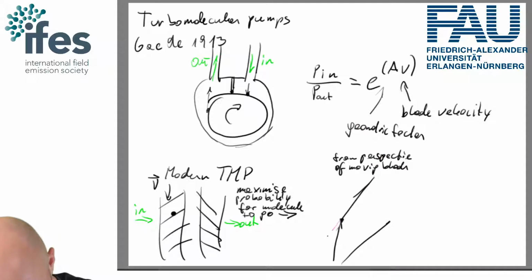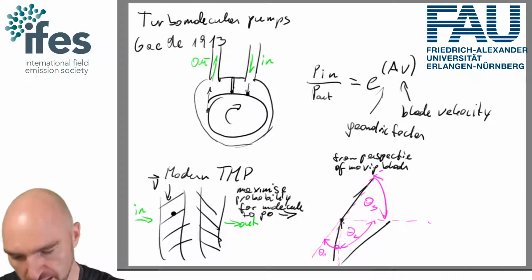So from the perspective of the moving blade, essentially we have an angle phi 1, an angle phi 2, and an angle phi 3.